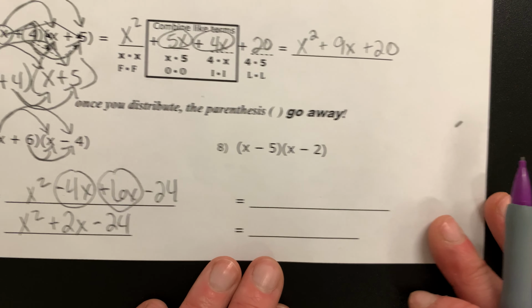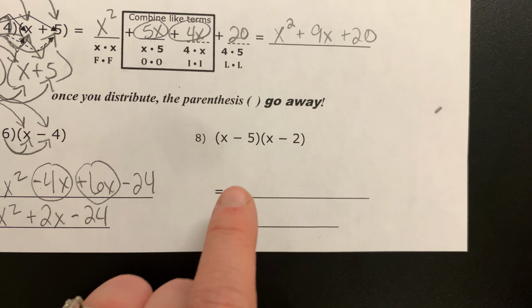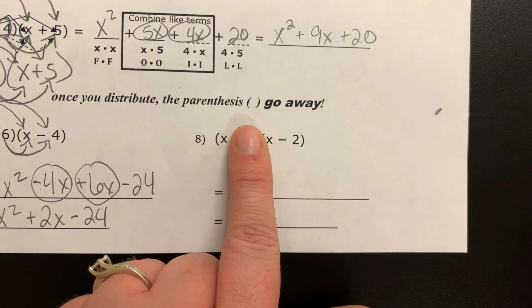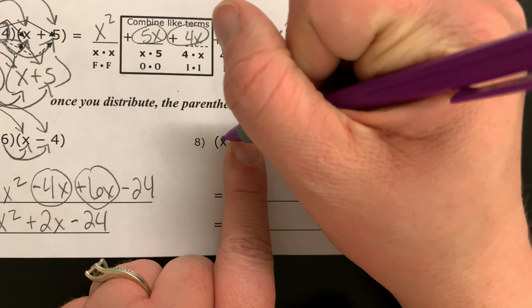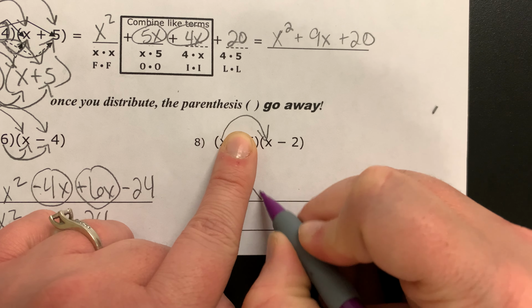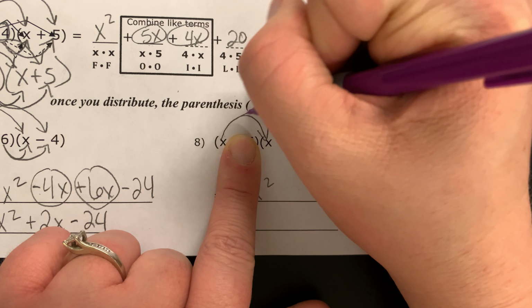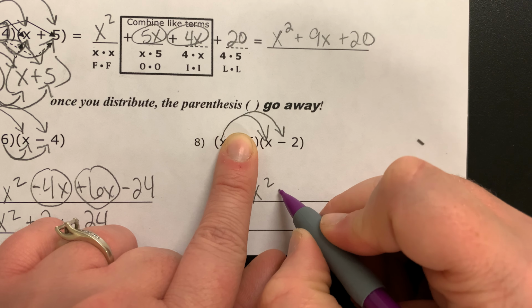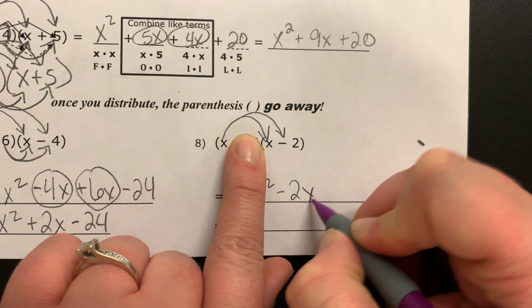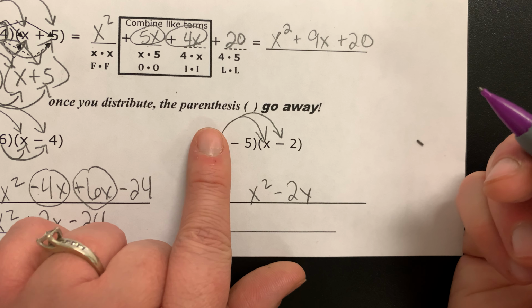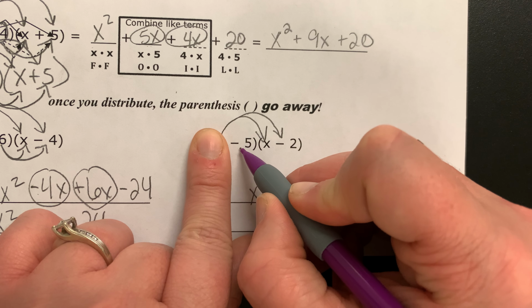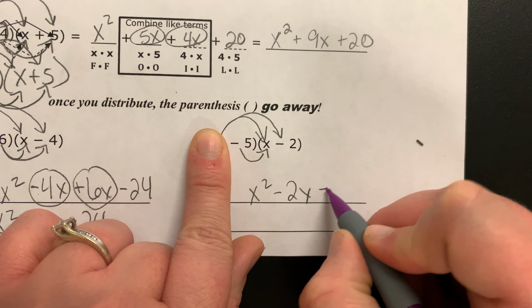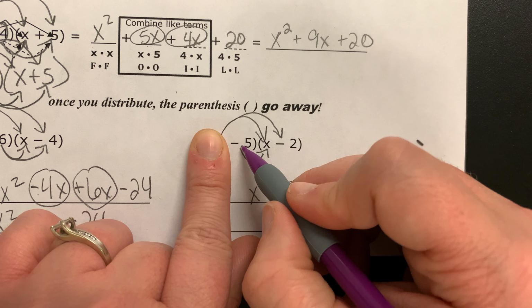Okay, number 8, I'm going to cover this up and do my double distribution. X times x is x squared. X times negative 2 is negative 2x. Now I'm going to cover the x up and do the negative 5. Negative 5 times x is negative 5x.